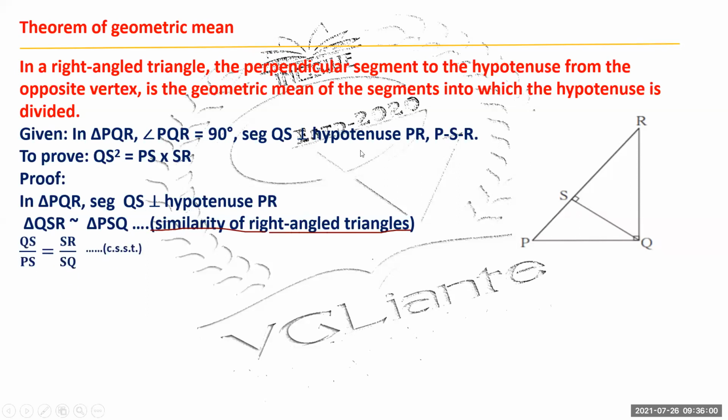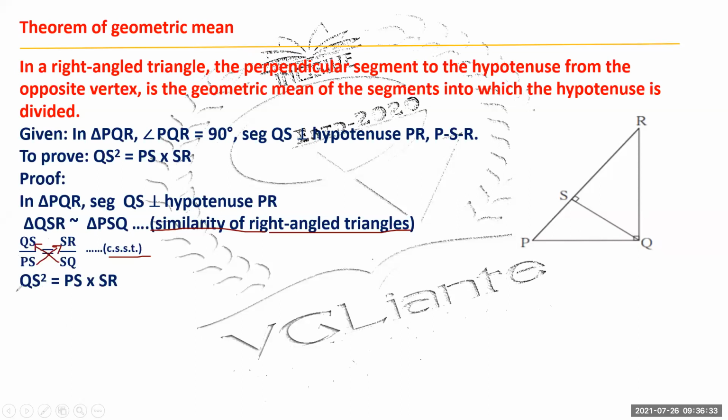Now as these two triangles are similar, their corresponding sides would be in proportion. So what you'll get, QS upon PS equals SR upon SQ. Rearranging the terms, this would be cross multiplied. Then SQ would be multiplied with QS, and both are the same.